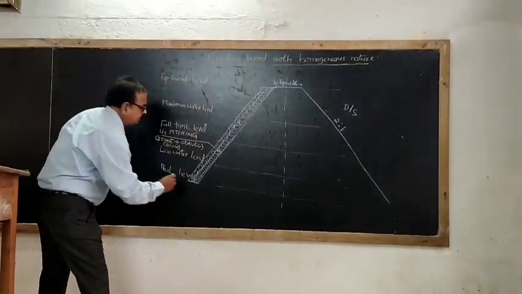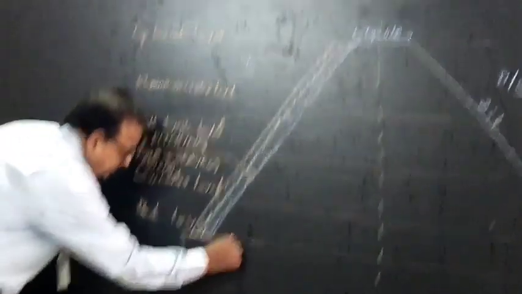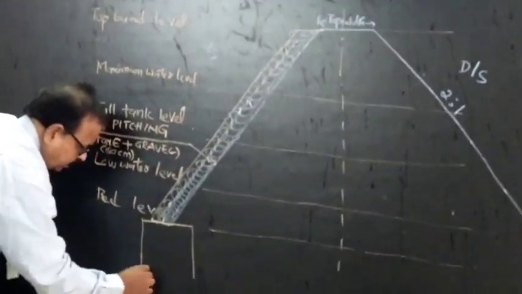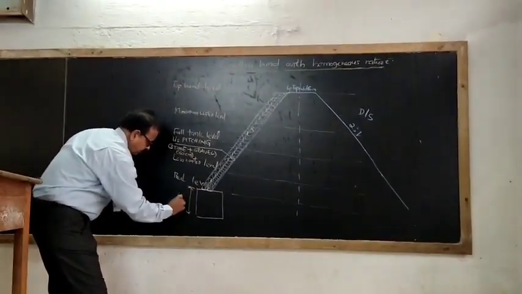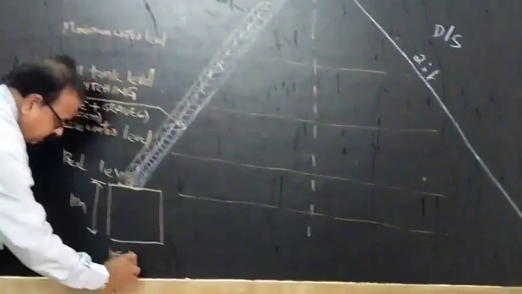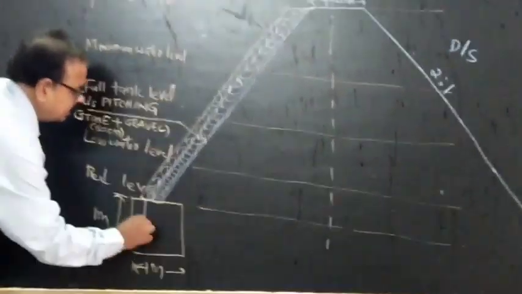It should be supported with the foundation below. That will be below the bed level, and normally it is taken 1 meter below the bed level, 1 meter square. And vertical stones are taken here.